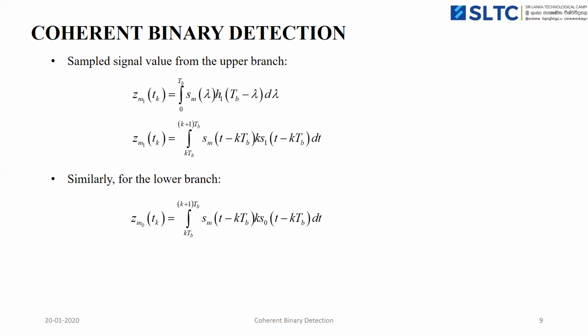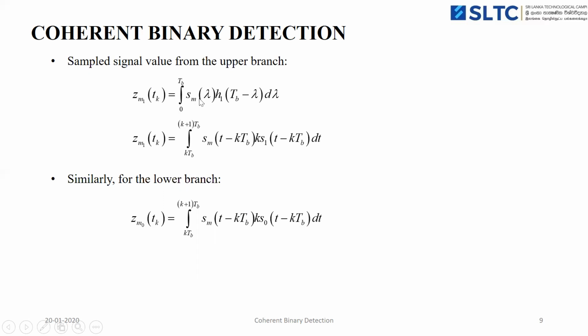So from this receiver, the upper branch sampled values, and we can find out the lower branch sampled values. In the upper branch we are considering the binary one, so Z1 of Tk is the sample value for the binary one.